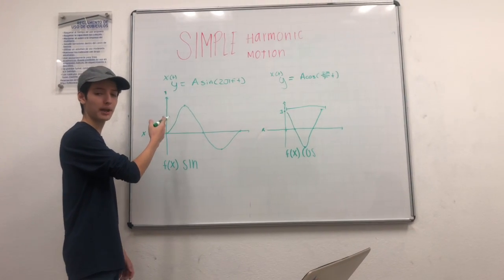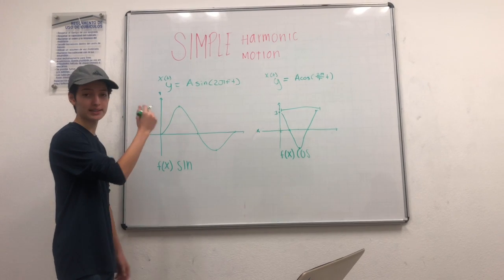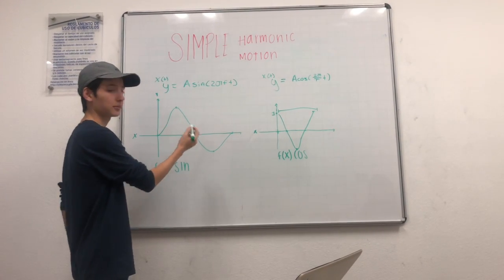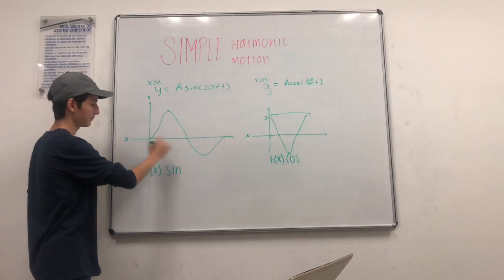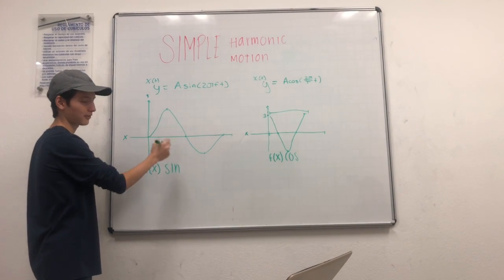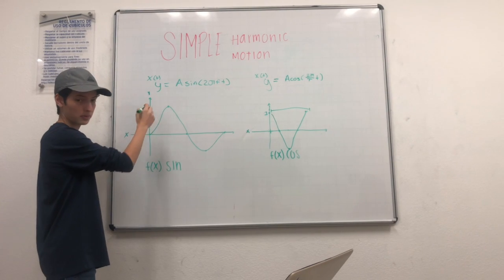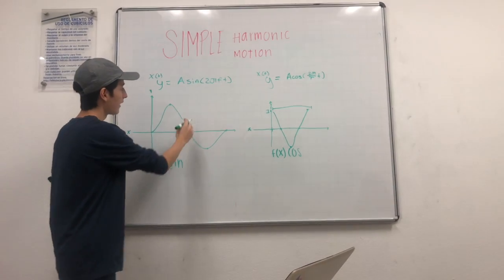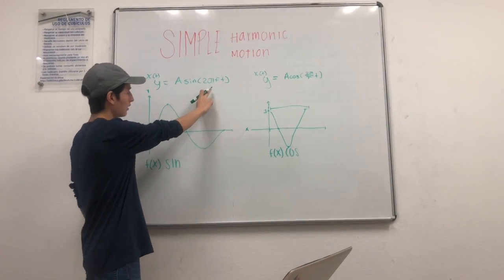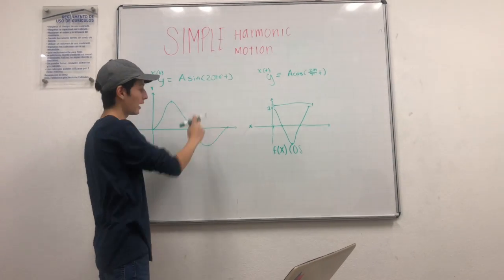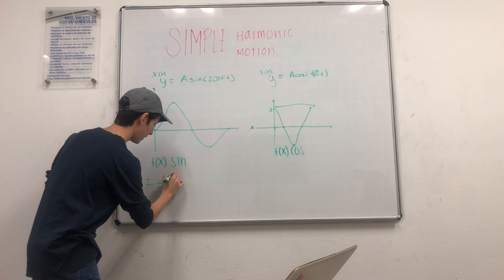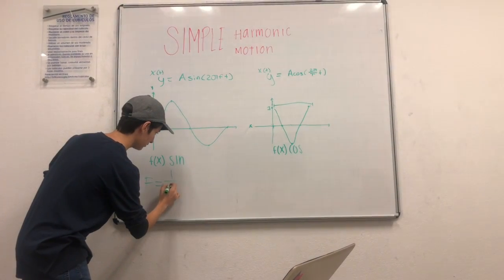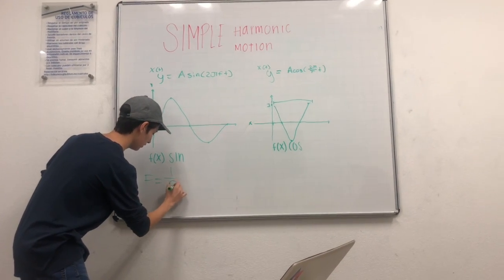A is the amplitude, which we're going to multiply by sine. That is obtained by the graph from the middle of the graph to the top or to the bottom. Then is 2 pi multiplied by f. F is frequency, that is obtained by 1 divided by period.